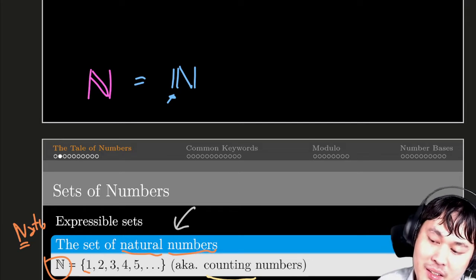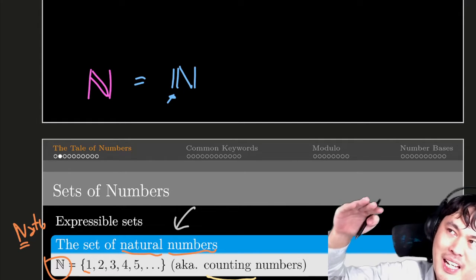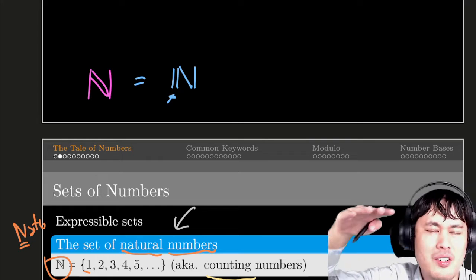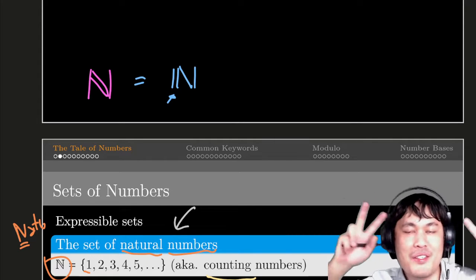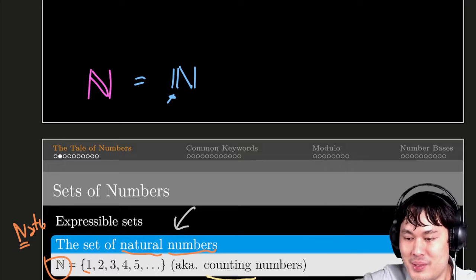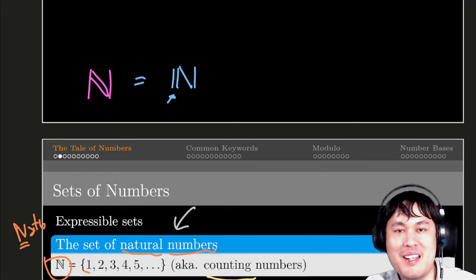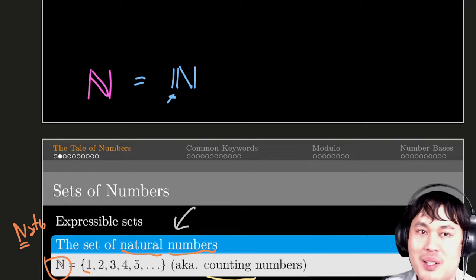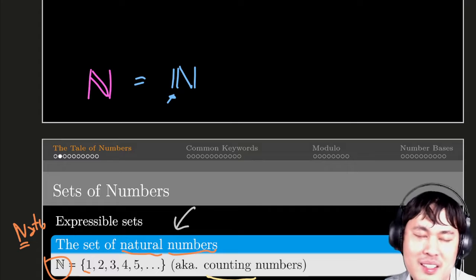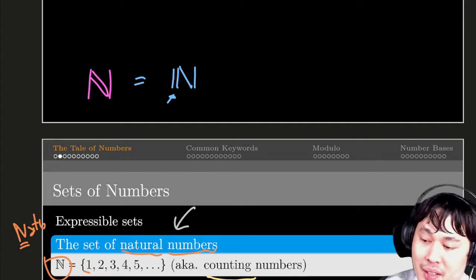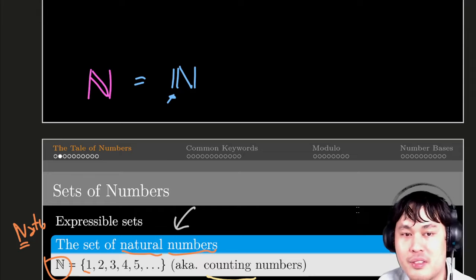Next one, we extend the idea. Oh, by the way, this is kind of in chronological order. If you study math history, people wanted to hunt for bears, or wanted to count how many people there are in their family, or things like that. They invented these numbers.